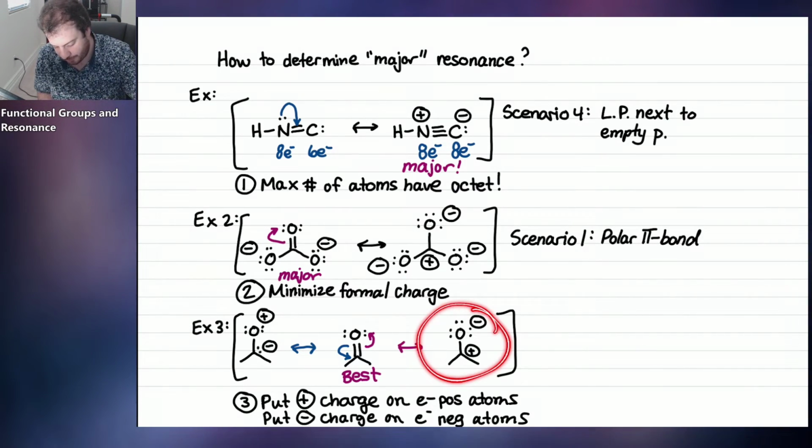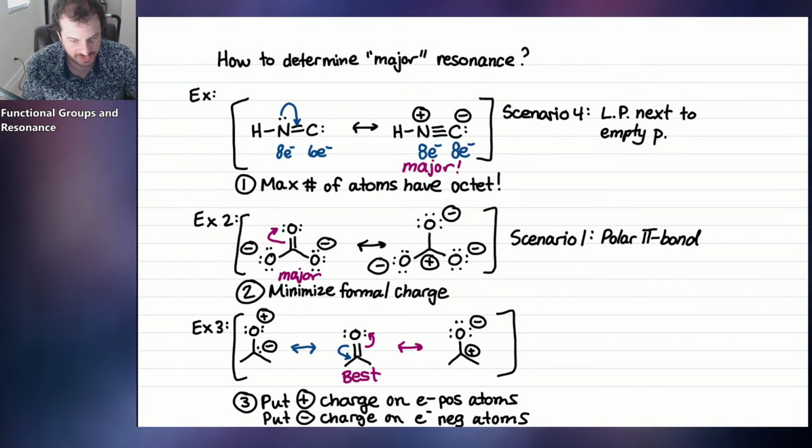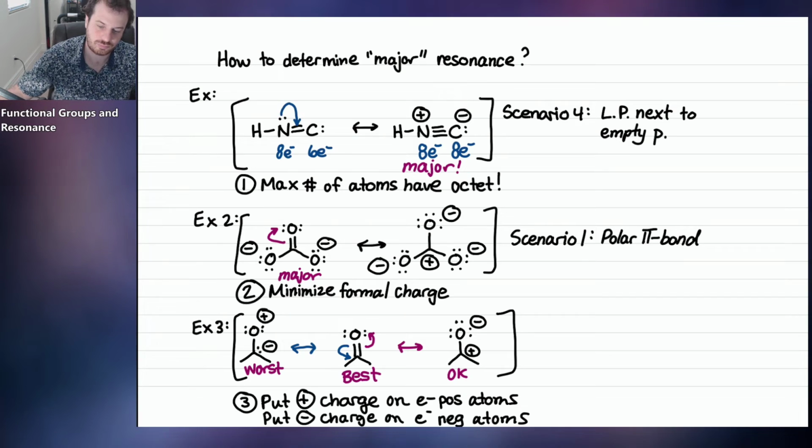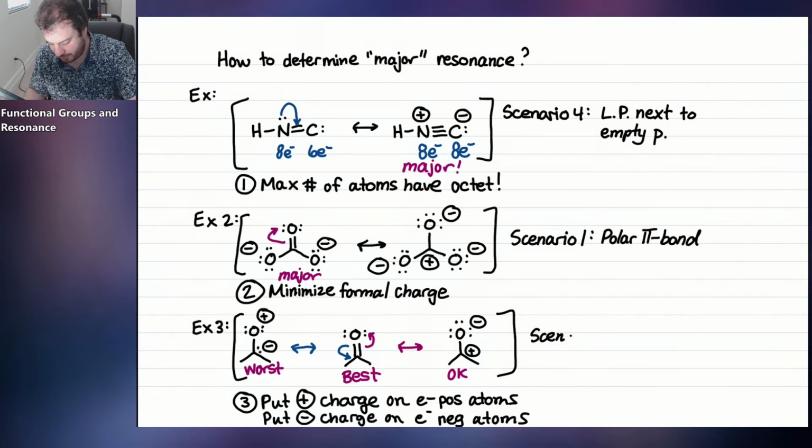That would be this one over here, since the negative charge is on oxygen and the positive charge is on carbon, which is more electropositive. So this would be okay. Still not the best because we don't have octet satisfied, and this one would be the worst since we don't have our octet satisfied and we're putting the charge on the wrong atoms. And this is, by the way, scenario 1 also. Polar pi bond.